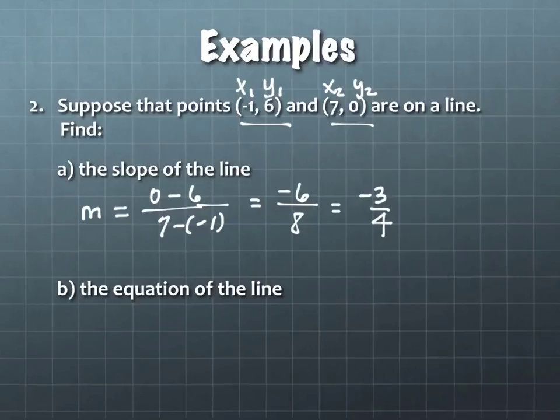And it doesn't matter which one you pick, but come on, let's pick the one that's going to be easier to work with, right? And which one's going to be easier to work with? The one that's got a 0 in it is one of the 2 ordered pairs, right? So let's use the easier one just for our own sake. So we're going to use the slope of negative 3/4, and we're going to use the point of 7, 0.